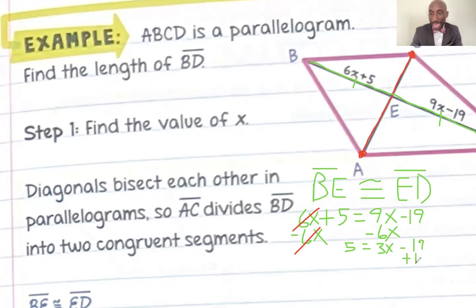I'm now going to add 19 to both sides. 5 plus 19 is 24, so 24 is equal to 3x because the 19s cancel out.